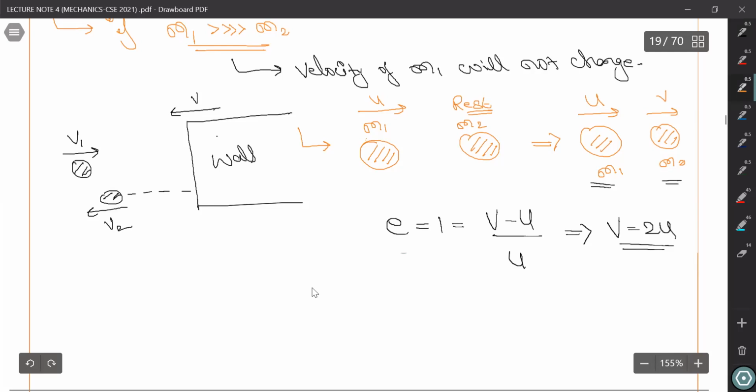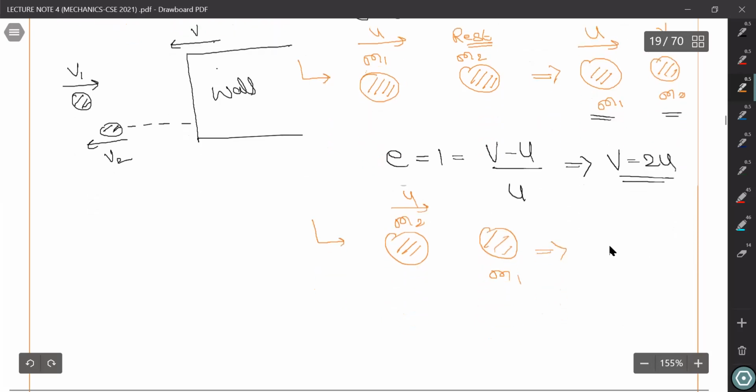Also, let's suppose m2 is traveling with u and m1, which is the heavier, is at rest. What will happen? You can put this in the above equation: m2 moves with u and m1 is still at rest. You can also use e equals 1.